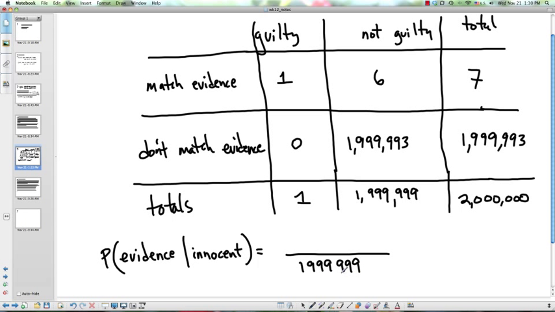What I'm thinking here is not, of the people that match the evidence, what's the chance that they match the evidence? I'm talking about of the people that are innocent out of the entire population, if the person is innocent, what is the chance of actually matching the evidence, right?